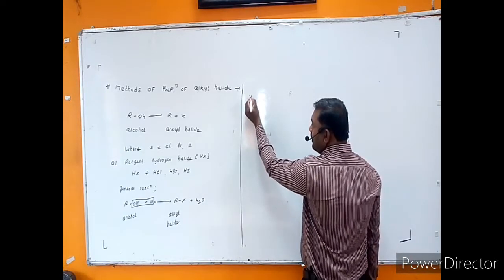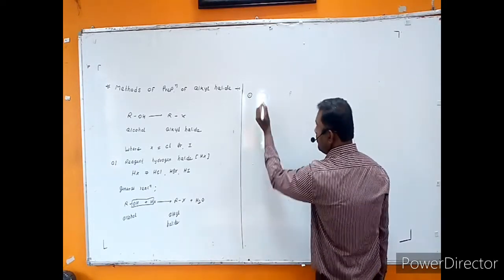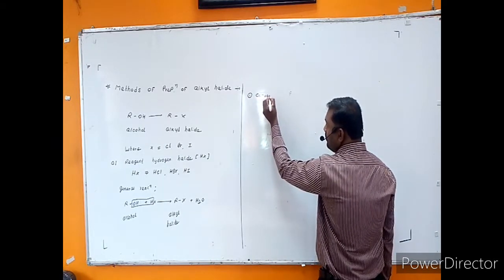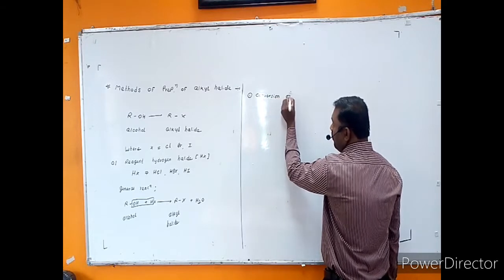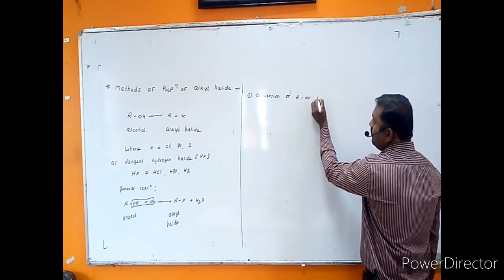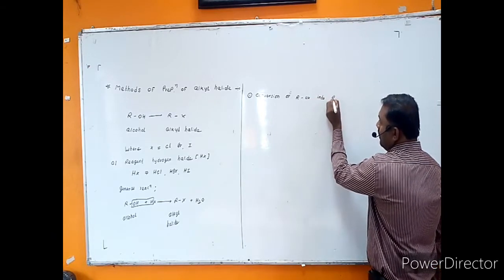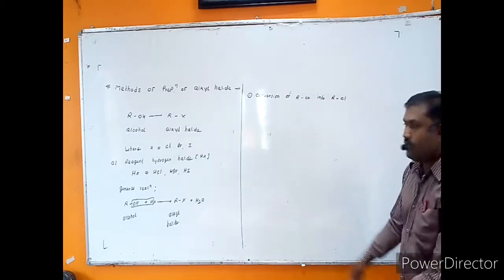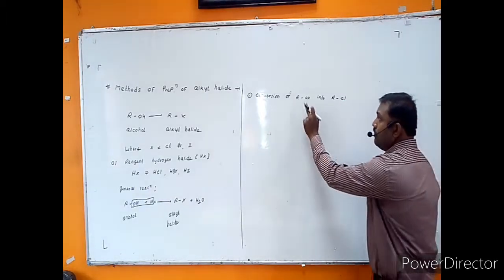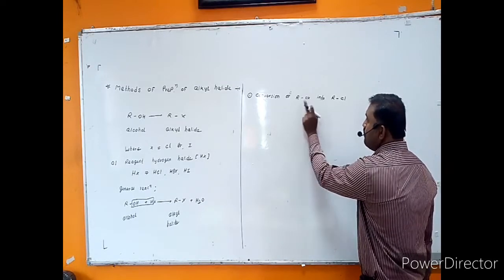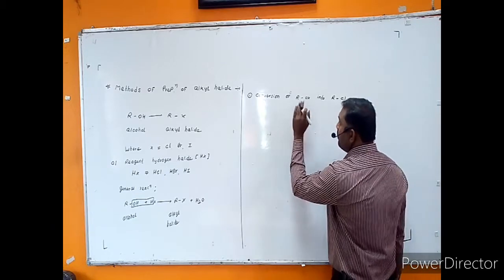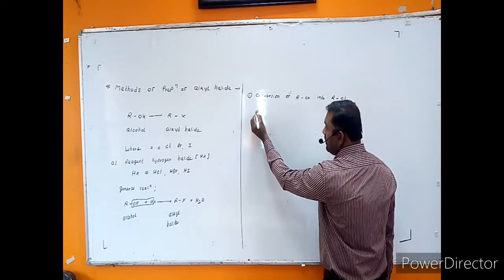So in that category, firstly, suppose we have to carry out conversion of alcohol into alkyl chloride. So how is that possible? If you want to prepare alkyl chloride from alcohol, what do we have to use? We have to carry out a reaction like this.